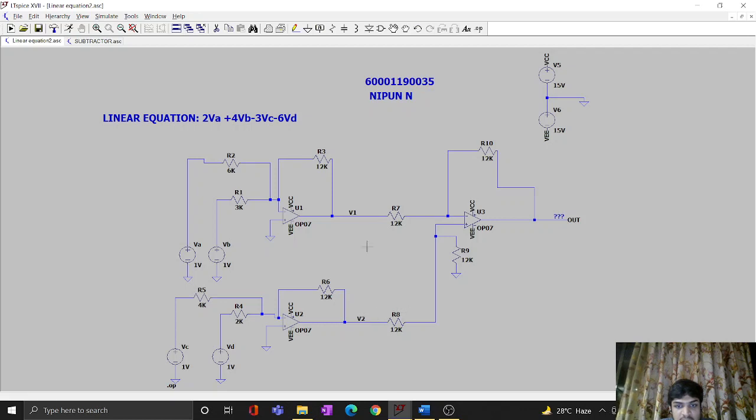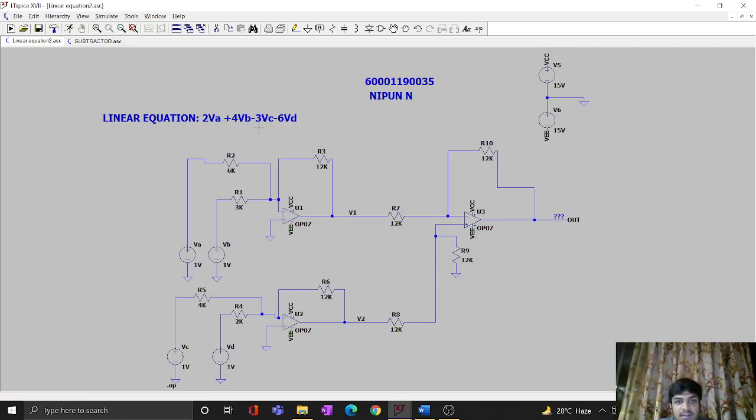As you can see, V1 and V2 converge to get connected to this op-amp, the third and final one. As V1 is connected to the negative terminal, the signs of minus 2VA and minus 4VB become 2VA and 4VB, and the signs of 3VC and 6VD remain negative.